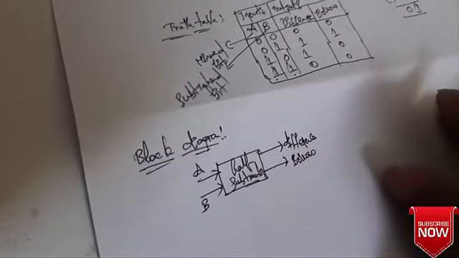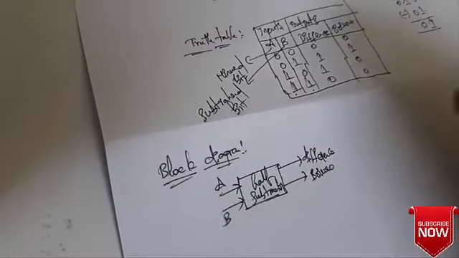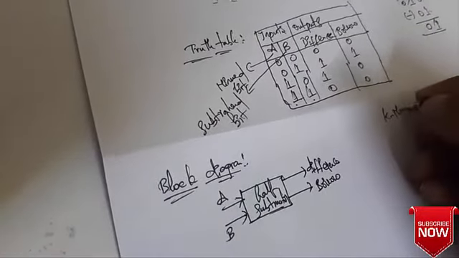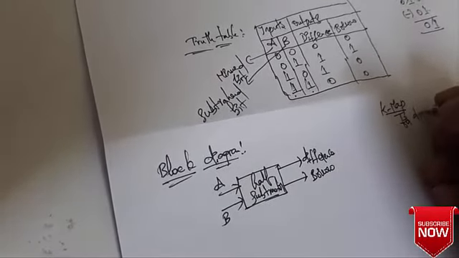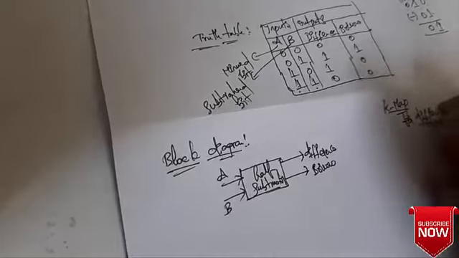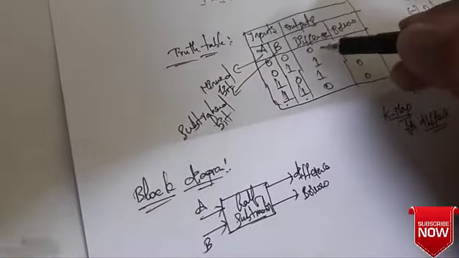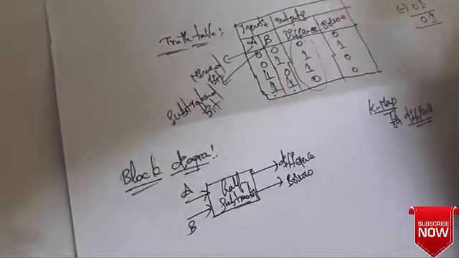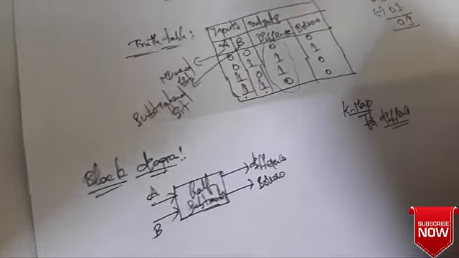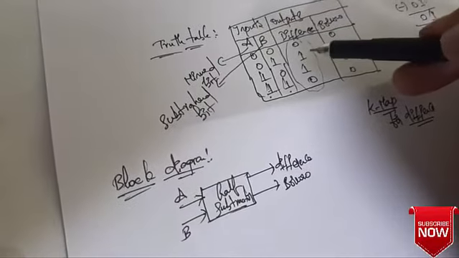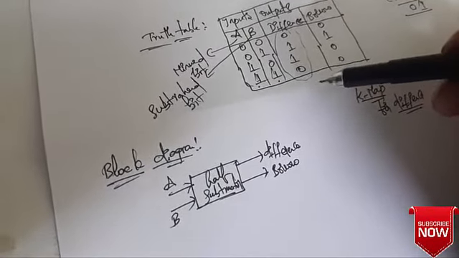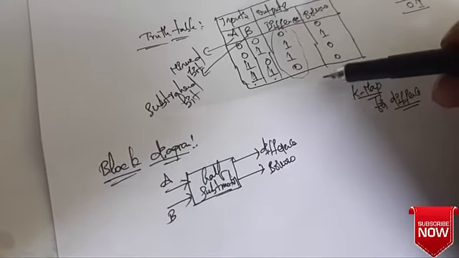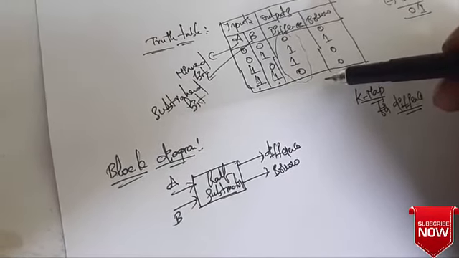Right, now let's do the K-map for this half subtractor. First we take the difference. Here you can see the output will be 0 1 1 0. I already told you if you get this output 0 1 1 0, this will be the logical expression for the XOR gate, or checkerboard configuration.